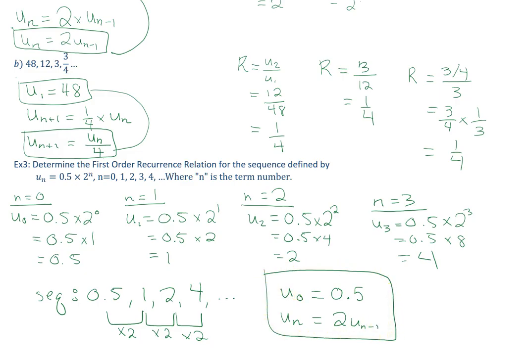So there I've got my recurrence relation. My first term is a half, because when I plugged in 0, I got a half. And to get to the next term, I always multiply by 2, so the current term is the previous term times 2. So that's the basic idea with common ratios in terms of the types of problems that you can see.